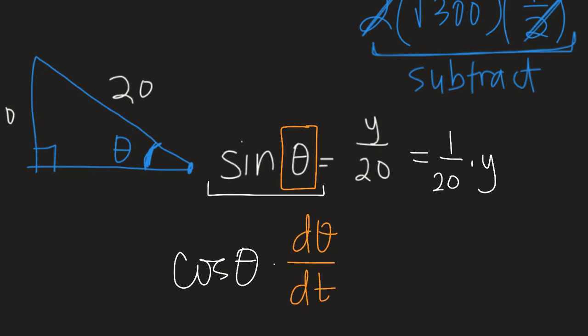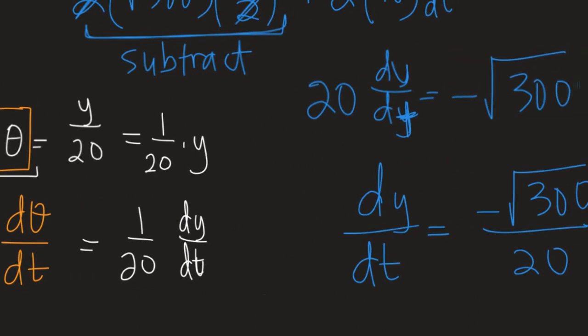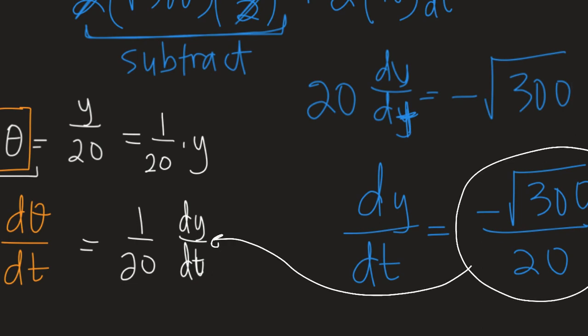Every variable needs a rate, and theta is a variable. That equals 1 over 20 times the derivative of y, which is dy dt. And by the way, we just found that over here. This is my dy dt, so I can plug it in.